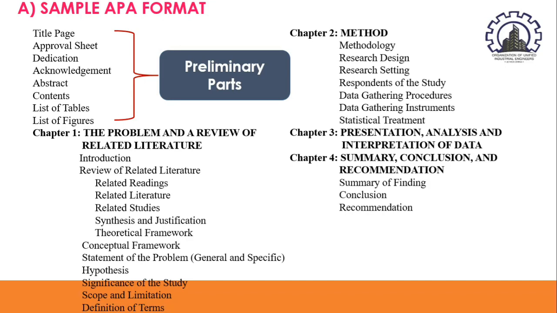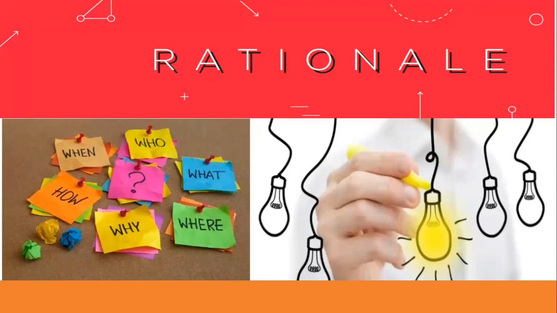And for chapter 4, that's going to be your summary, conclusion, and recommendation, which includes the summary of findings, conclusion, and recommendation. All right. In order for us to get started, let us discuss now the introduction or the rationale.